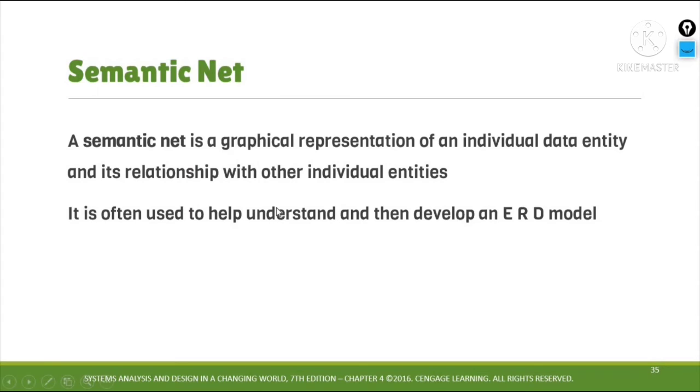It shows specific objects that belong to a class or data entity and the links among them. A semantic net is useful for thinking through and verifying the entities and relationships in an entity relationship diagram and the classes and associations in a class diagram.